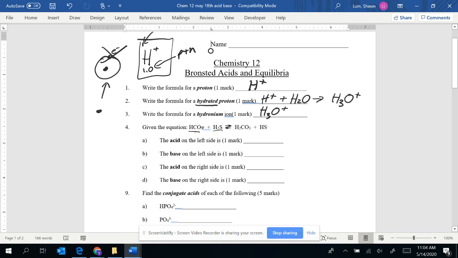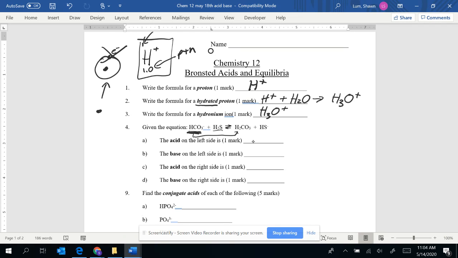This one right here, as it turned into this one right here, did it give an H or did it receive an H? It goes from H to H2, so it got an H. It received an H. It did not give one. So it is not an acid.